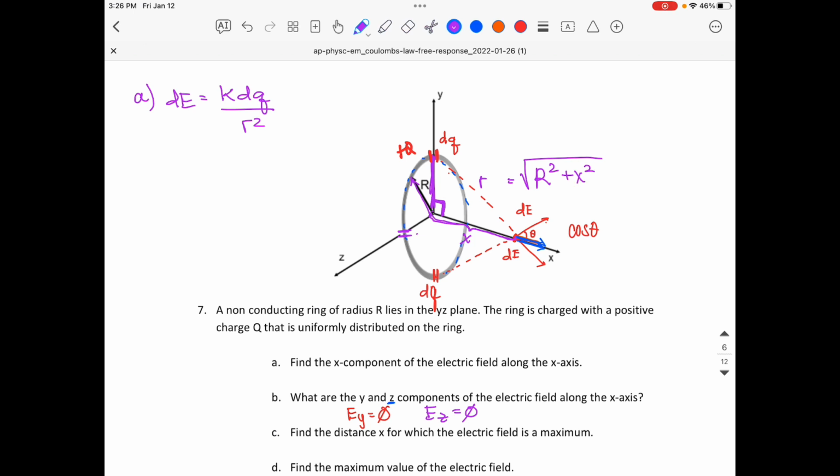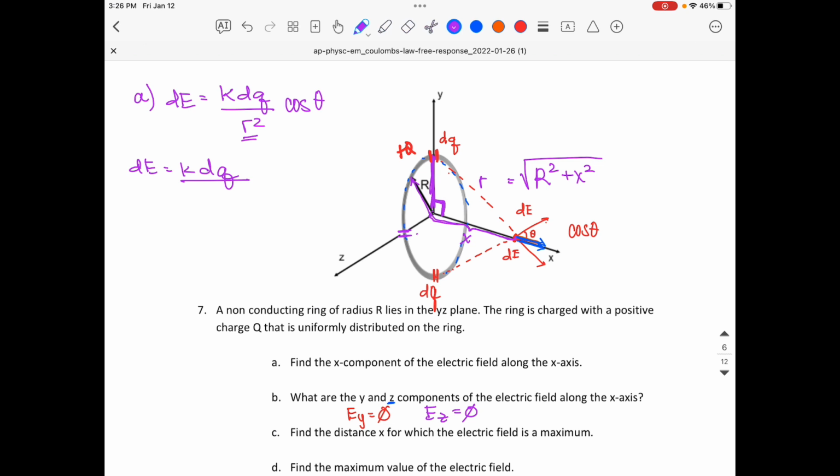And that can be substituted in for this. And then, of course, we're looking at the x component, so that's cosine theta. So let's start doing our substitution.